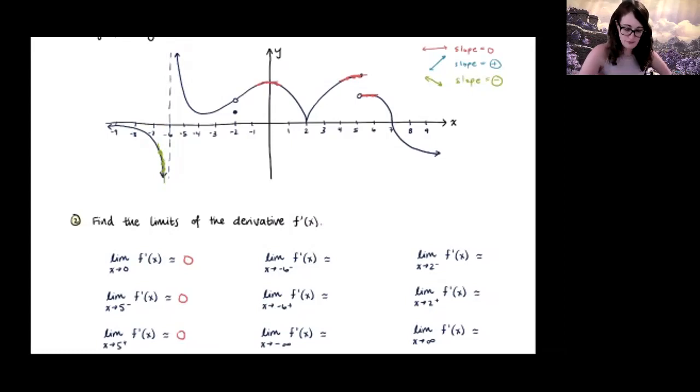Maybe this one here is like -10. Here we've got like -100. Here we've got like -1,000 or something like that, right? They're becoming vertical, but from the negative direction, with lines that have negative slope. So the slopes there will be getting large but negative, so that'll be -infinity.